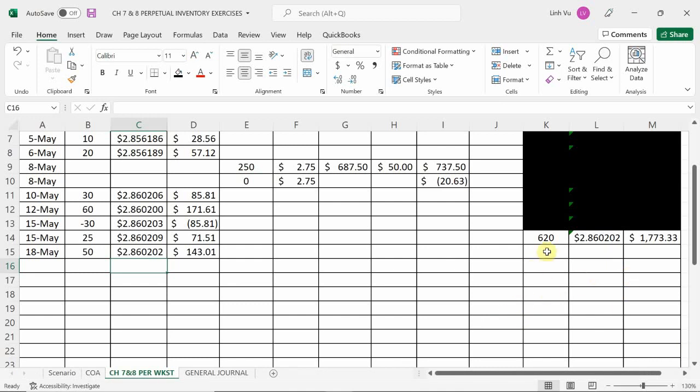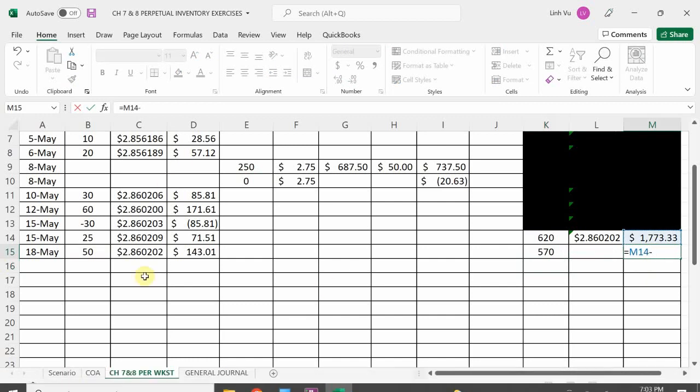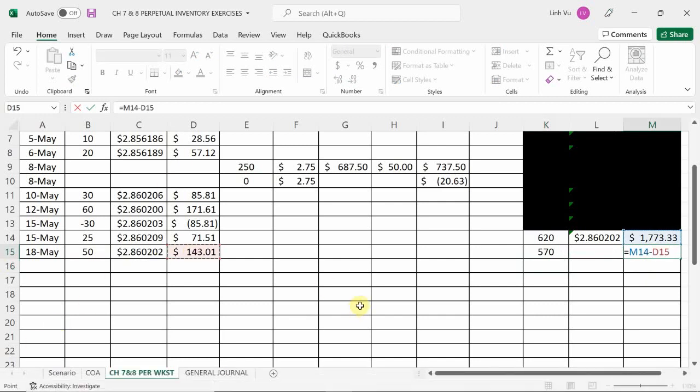So now I need to adjust my inventory again because now I no longer have 620 units. I end up selling 50 of them. So now I am down to my last remaining 570 units left. And I need to also adjust my total cost here because I end up selling $143.01 worth.